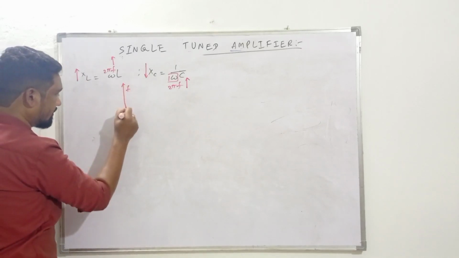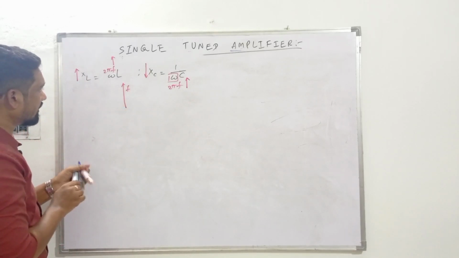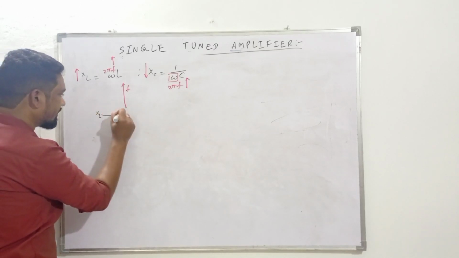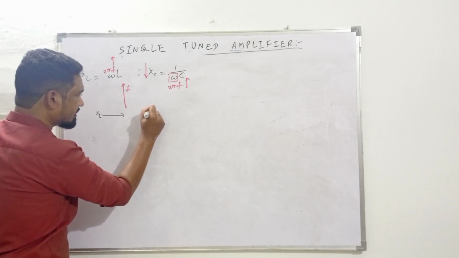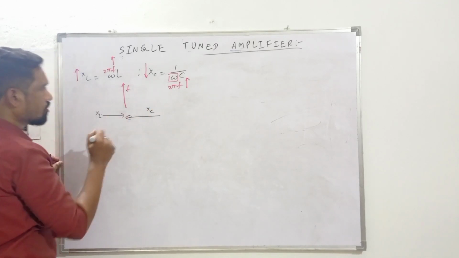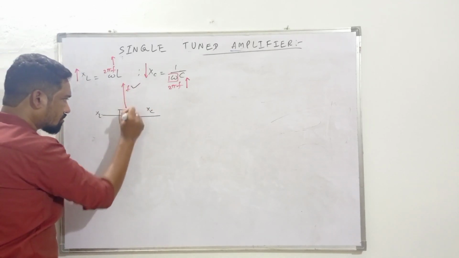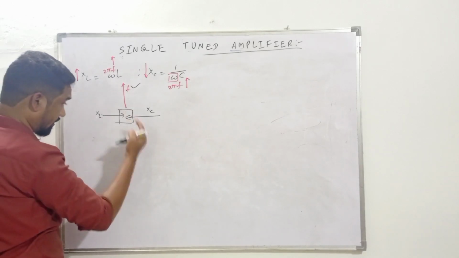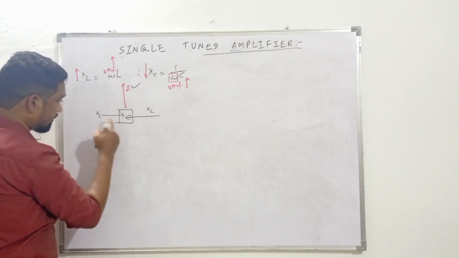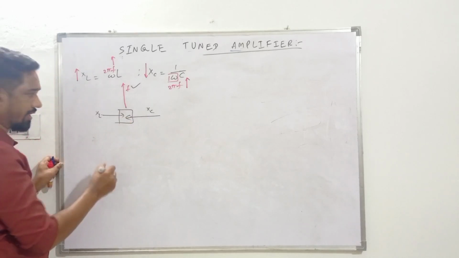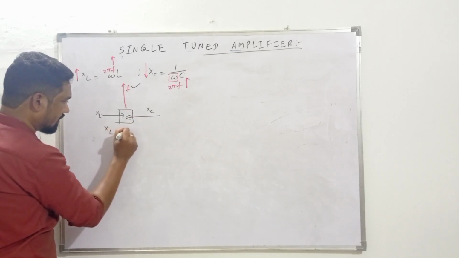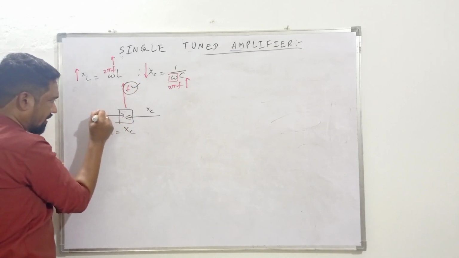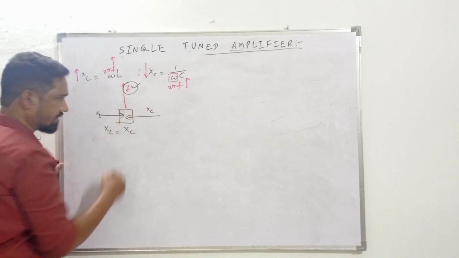So one function is increasing, XL, and the other, XC, is decreasing. At a particular frequency, these two magnitudes will be equal, that is, XL will be equal to XC.